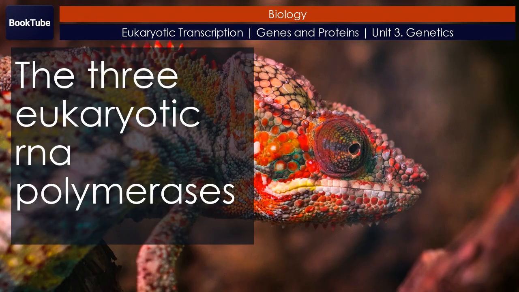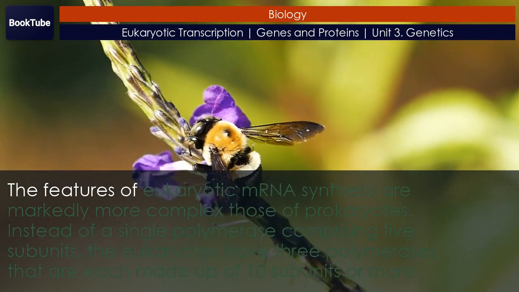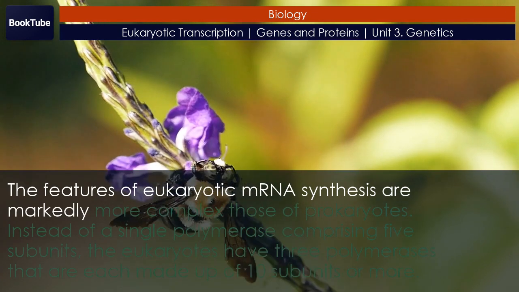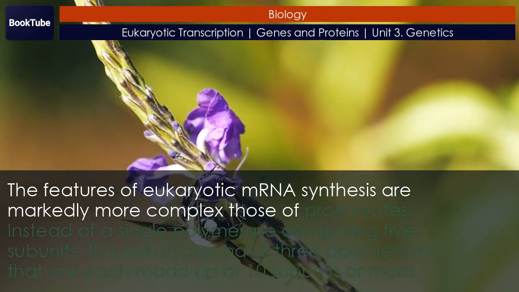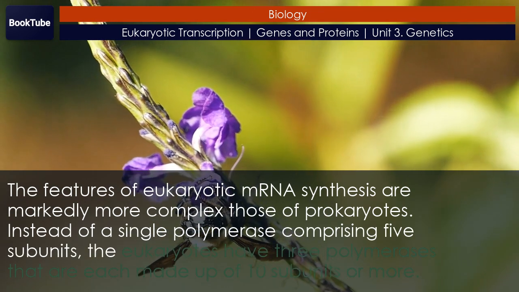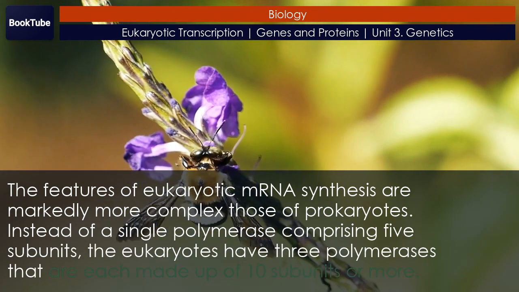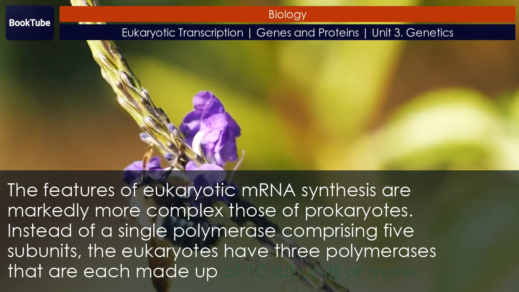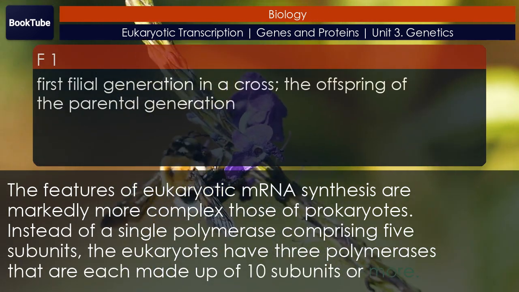The 3 eukaryotic RNA polymerases. The features of eukaryotic mRNA synthesis are markedly more complex than those of prokaryotes. Instead of a single polymerase comprising 5 subunits, the eukaryotes have 3 polymerases that are each made up of 10 subunits or more.